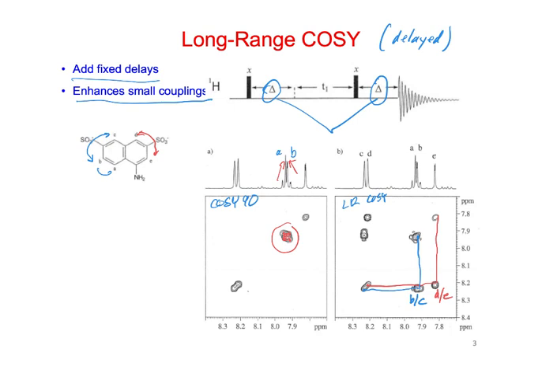I guess this is the only example I have here that the short range or the large coupling constant maybe is suppressed here, and not just only enhancing these. So we may be getting more long range and less short range, but I'm not 100% sure of that.